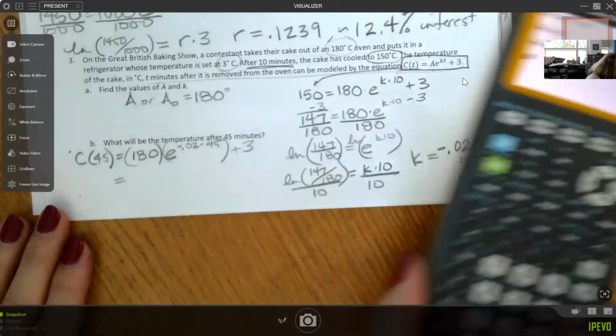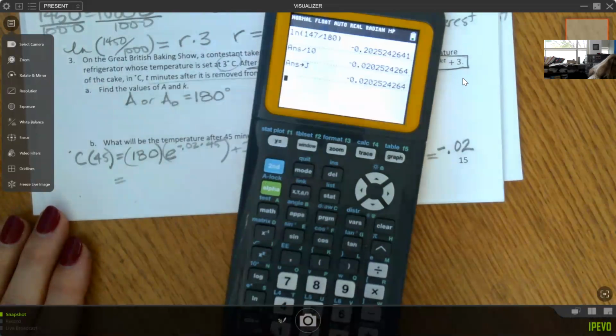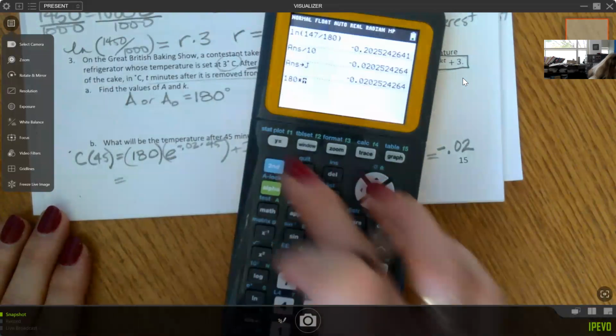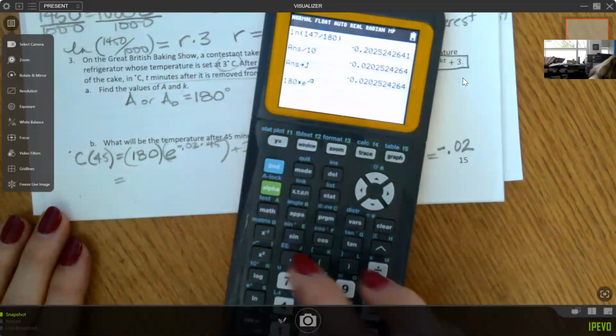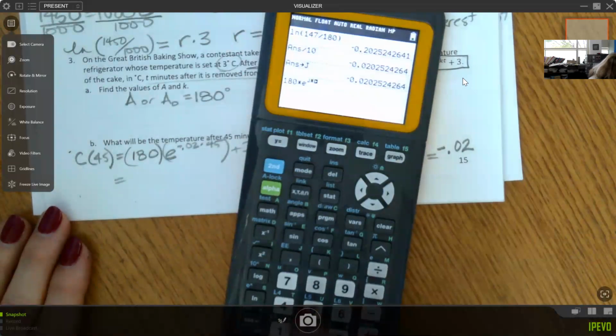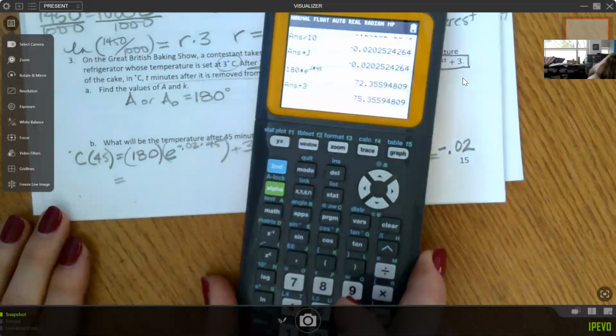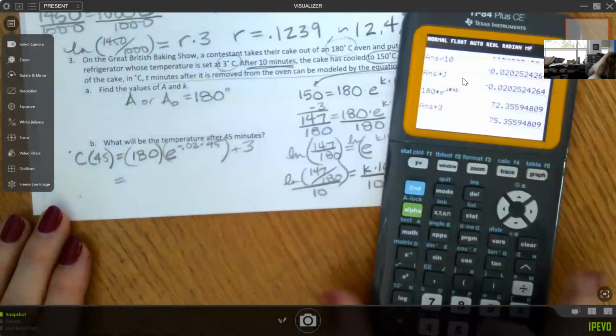But I'm actually going to use my stored value. So I say 180 times e to the J times 45, and then I am going to add the 3. So did you guys get 75 degrees, like 75.3 degrees?